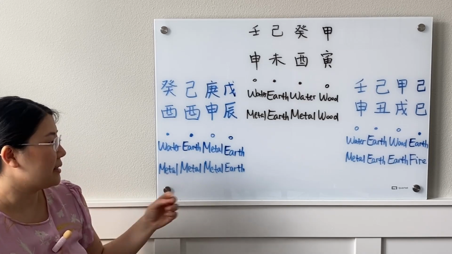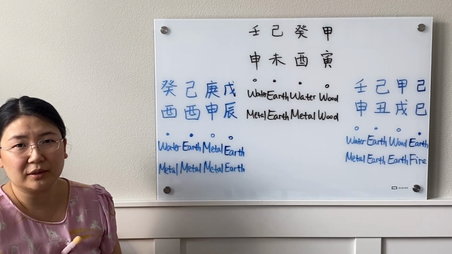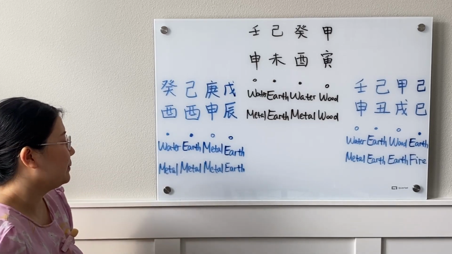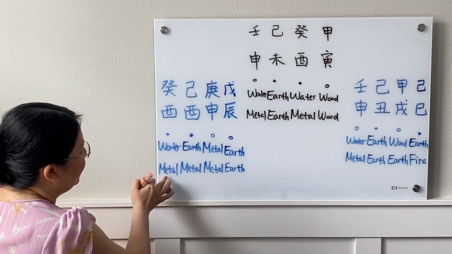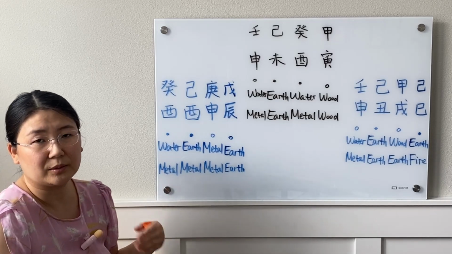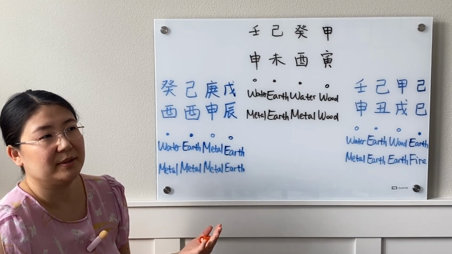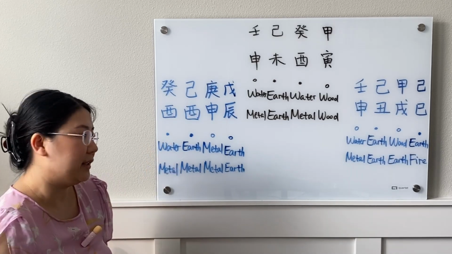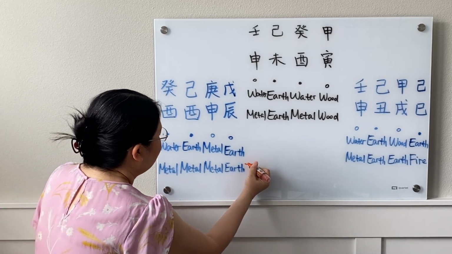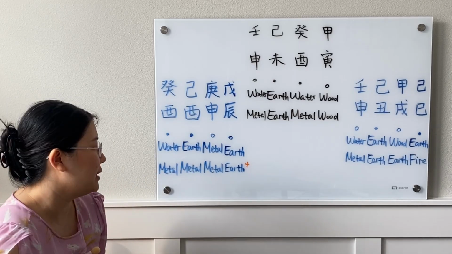So let's first assess the condition of this daily master. Is it strong, is it weak, or is it in a balancing state? On the bottom row, the earthly branch row, do I have either fire, which grows earth, or another earth, which is same as myself, that makes me strong? Those are the supporting energies. You have an earth here, but the rest are all metal, which is a reduction of my own energy.